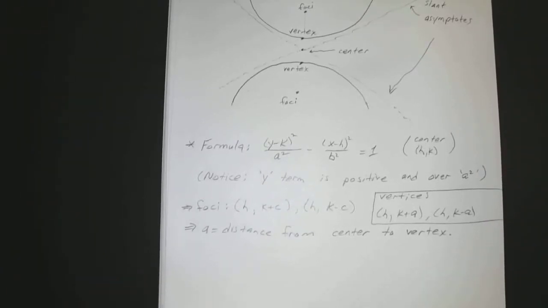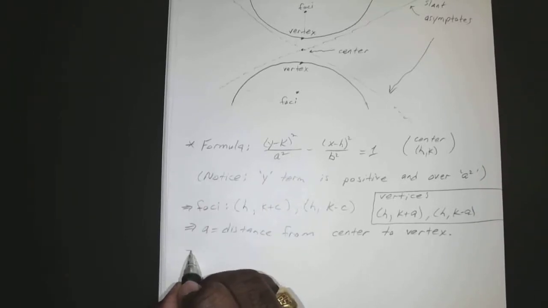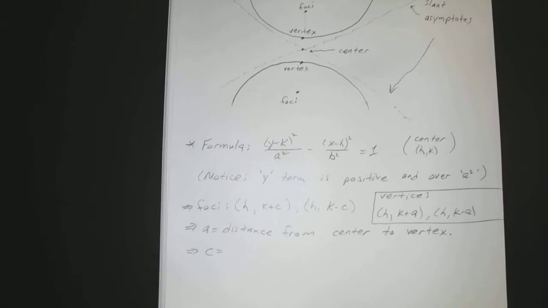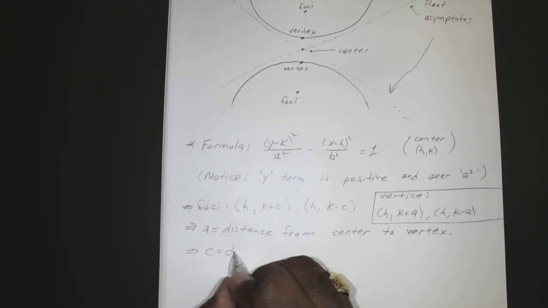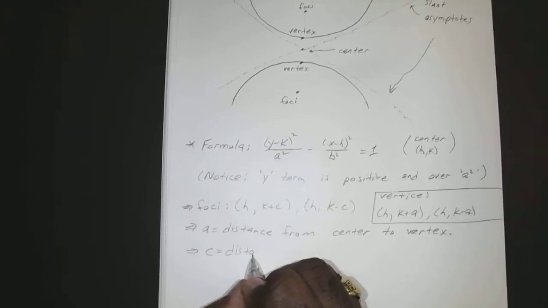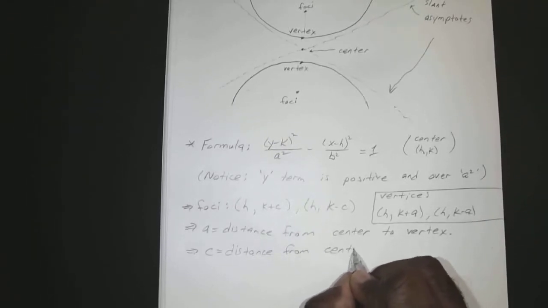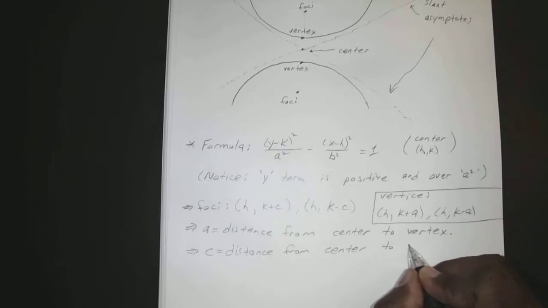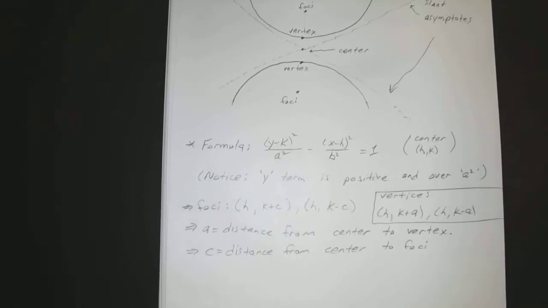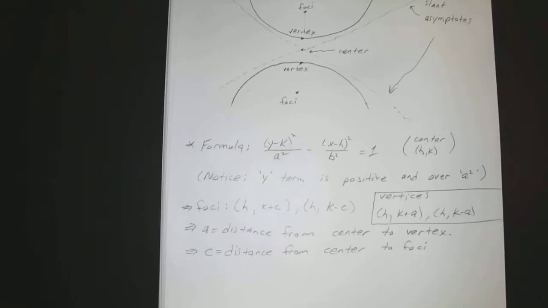So that's the distance from the center to the vertex. C, again, is the distance from the center to the focus points. The one way I usually remember that is c is in focus point, or foci, so that's the way I used to remember.